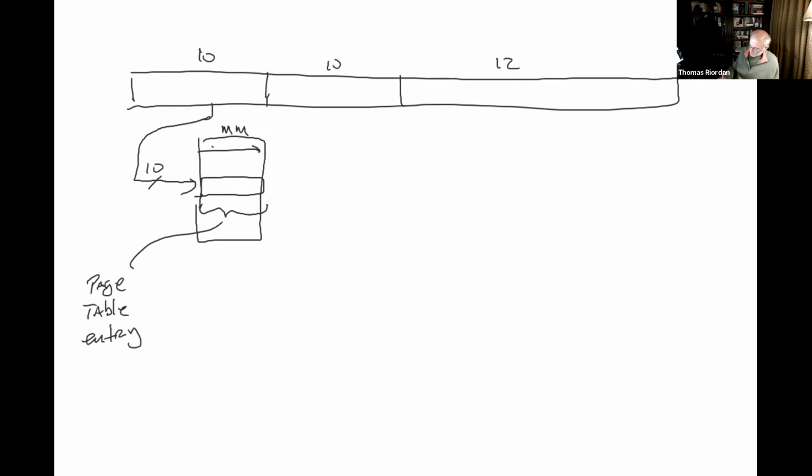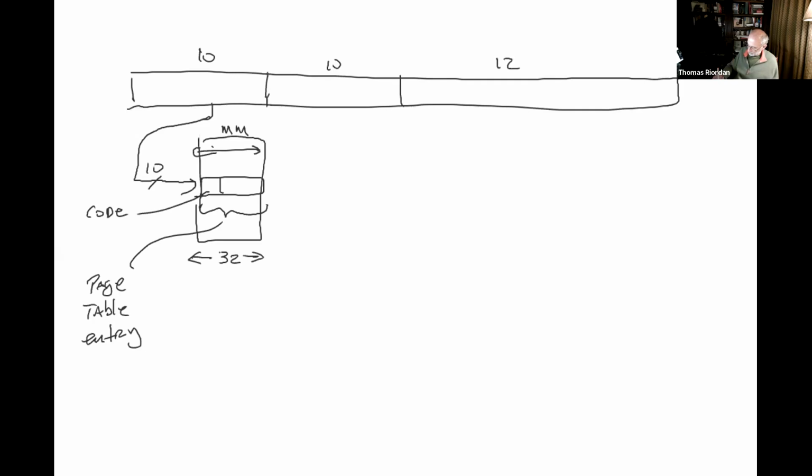So this is 32 bits wide. And the top bits are going to encode what it's okay for this page to do, which means, can you read it, can you write it, can you execute it? That's where all that kind of stuff is. It's here in this page table entry.